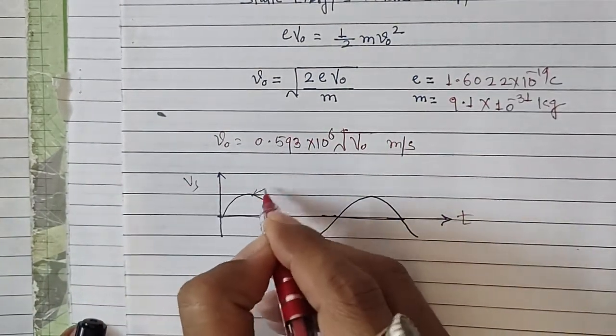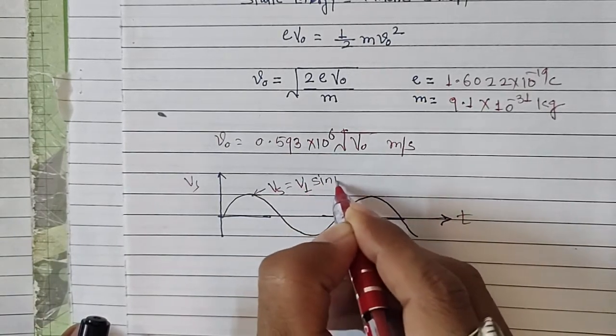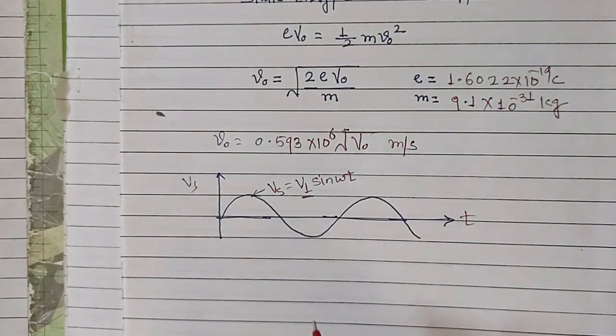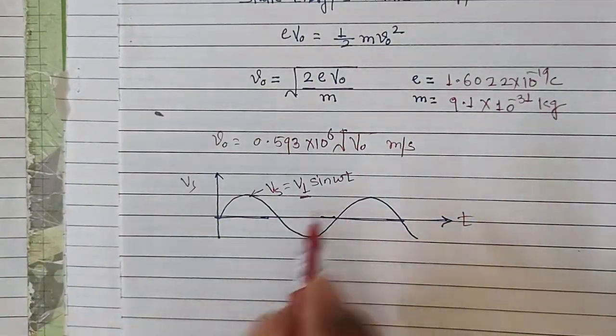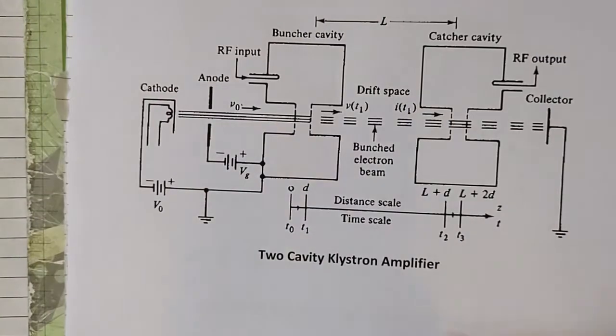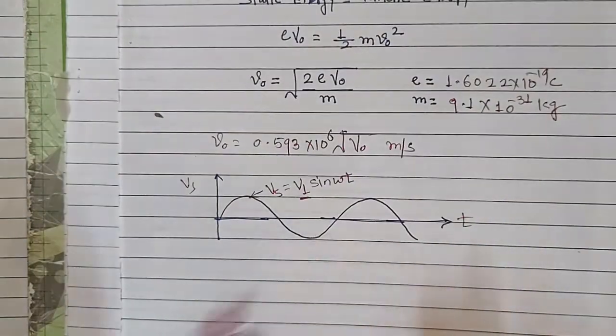This is some voltage signal Vs, which is V1 sine omega t. Amplitude is V1 and it is a sinusoidal variation. So this is a microwave signal present in the buncher. So the RF signal present in this cavity gap is this signal.